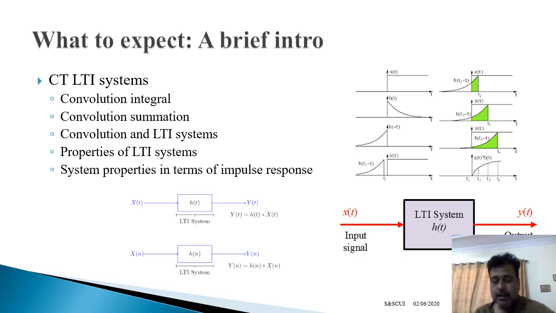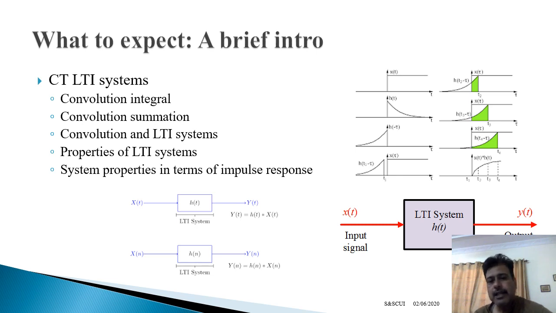We will also discuss some properties of the LTI systems in terms of their impulse response. You may know that we have already talked about system properties a little bit, but those were general system properties, like when the system is stable, when the system is causal, when the system is invertible, when the system has memory or it is a memoryless system.